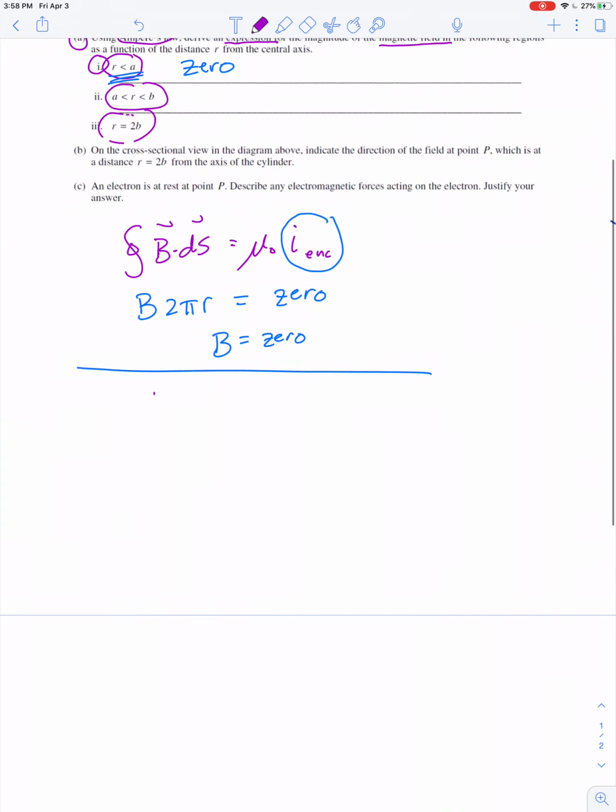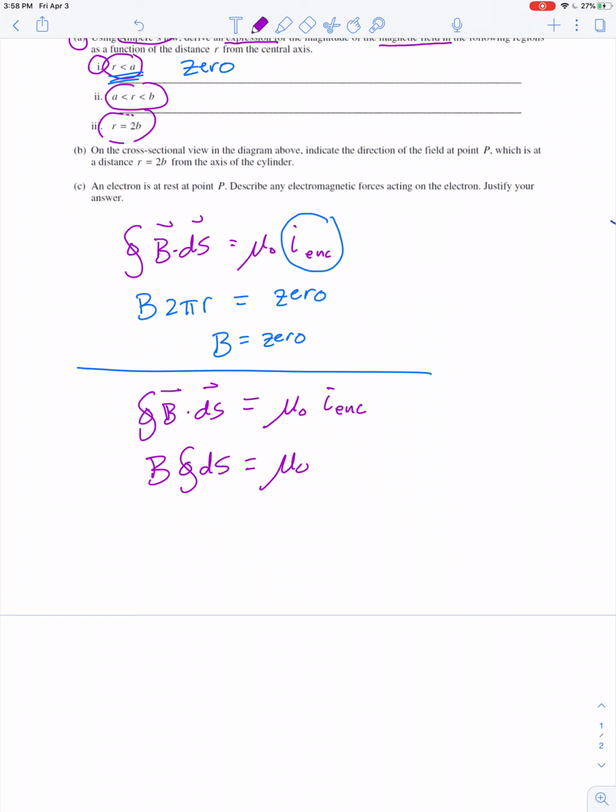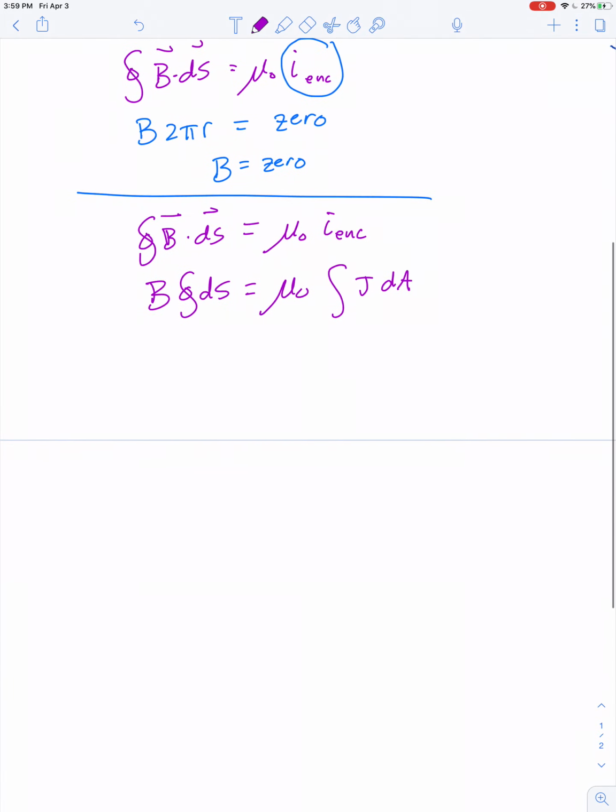So the whole left side of the equation, B dot ds, is just going to become B times the integral of ds, and that's equal to mu naught times the amount of current enclosed, or we could say the integral of j dA. The total path length of my Amperian loop is just the circumference of a circle, so this is B times 2 pi r equals mu naught.